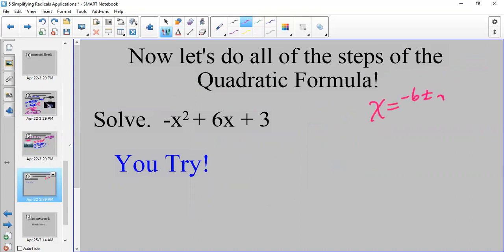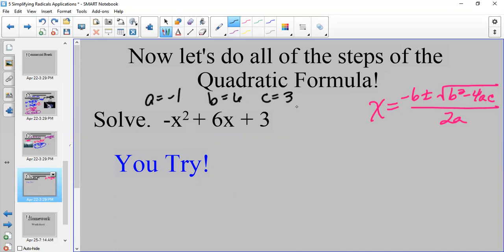All right, let's see how you did. First off, let's identify them. a is -1, b is 6, and c is 3. I'm missing an equal 0 there. All right, so our negative b is -6 plus or minus the square root.